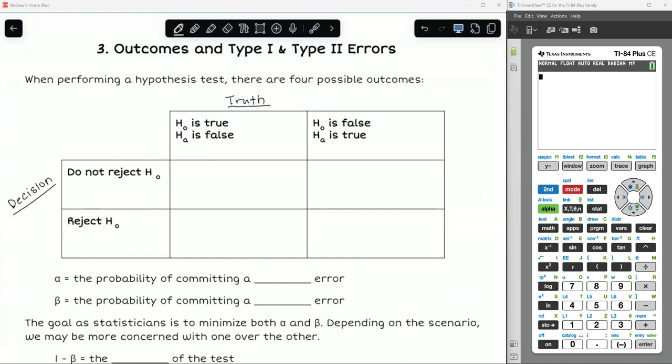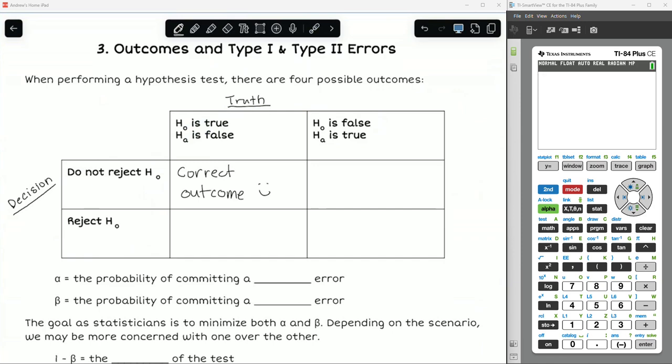If we think that we should not reject the null, meaning we think the null might still be true, and the null is in fact true, that is a correct outcome. Which, as a statistician, makes me happy. So if we fail to reject the null, and the null is true, that's what should happen.